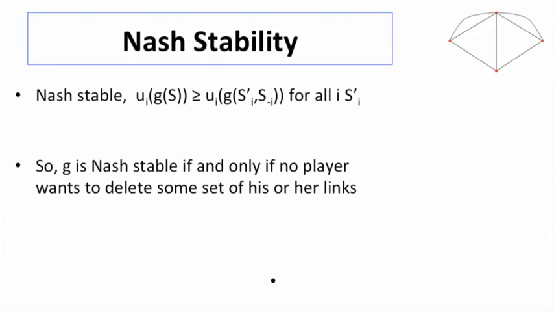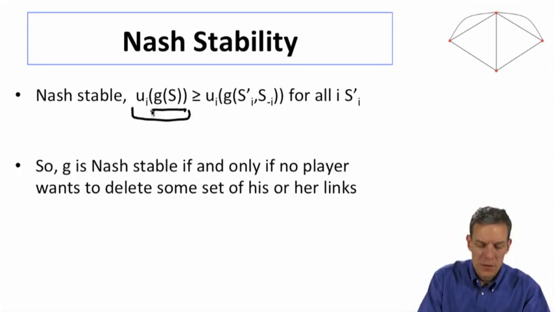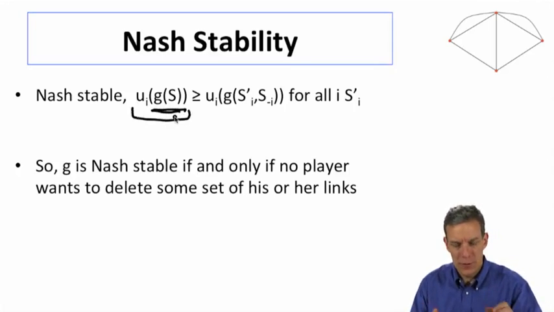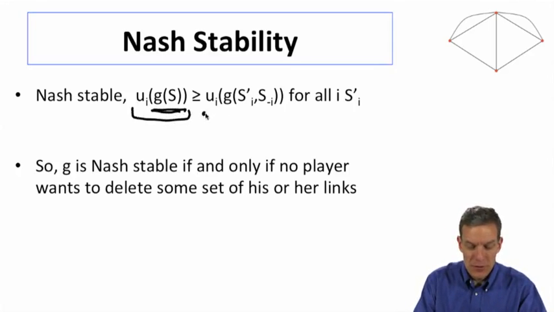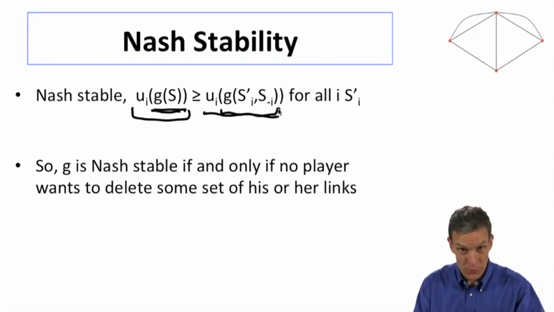Okay, so what's Nash stability then? Well, just take a Nash equilibrium of that announcement game, and we'll look at pure strategies. This is a situation where the utility that a given individual gets from the network that forms under the announcements is at least as good as anything they could get by changing their announcements.